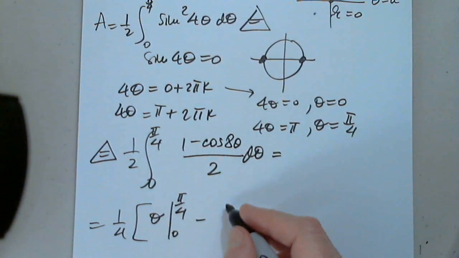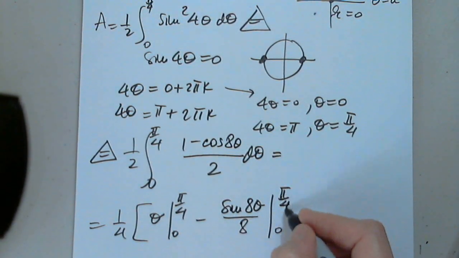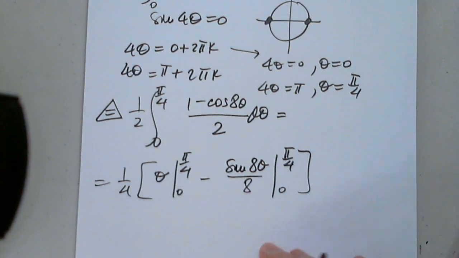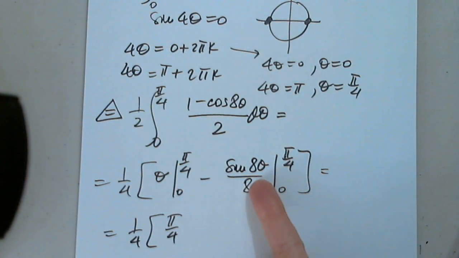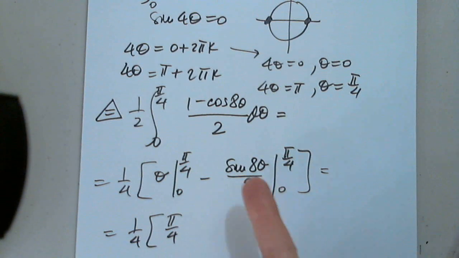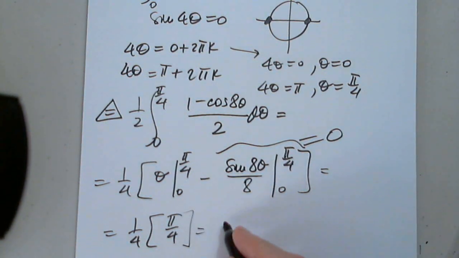And then minus, this is sine 8 theta over 8 from 0 to pi over 4. And let's see what we get. So 1/4 outside. So then this will be pi over 4. There is no point in plugging in 0. And let's see what happens here. 8 times pi over 4 is 2 pi, but sine of that will be 0. And when I plug in 0, again, this piece is 0. So this is pi over 16.